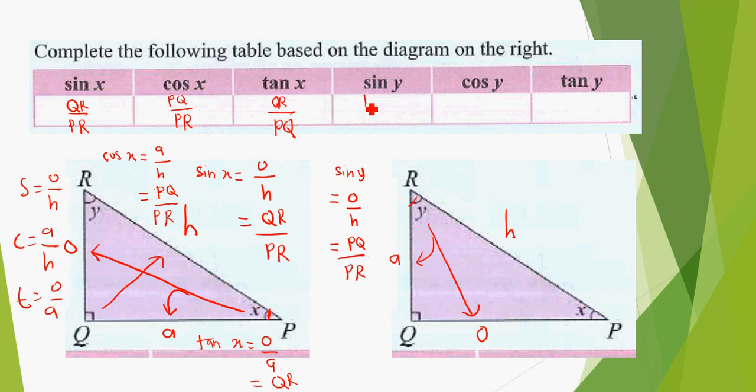And cos Y equals A over H, where A is QR and H is PR. So QR over PR.